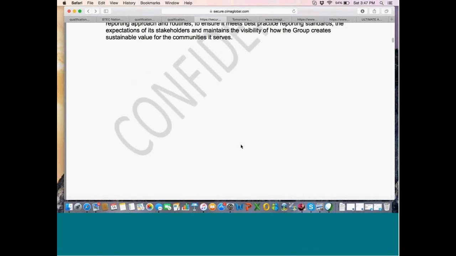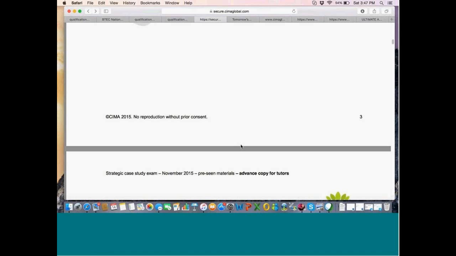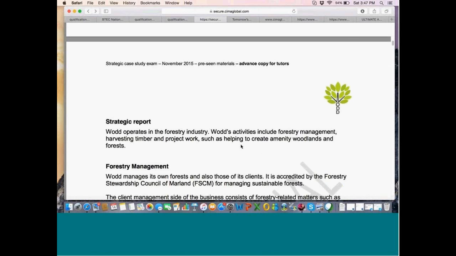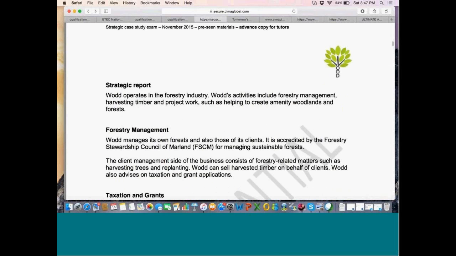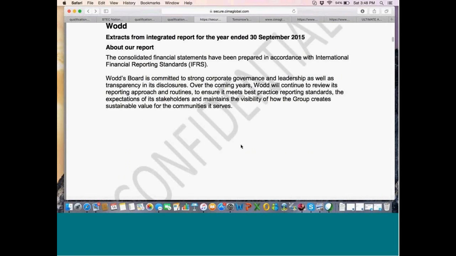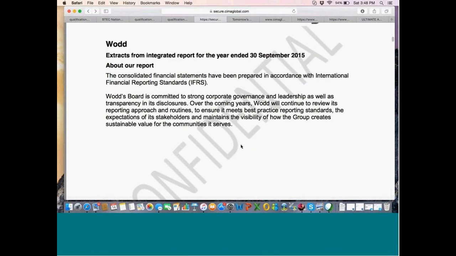Excuse me. Yes? On the second page, this is something related to corporate governance. Sorry, you're not clear? I wouldn't say it's just corporate governance.